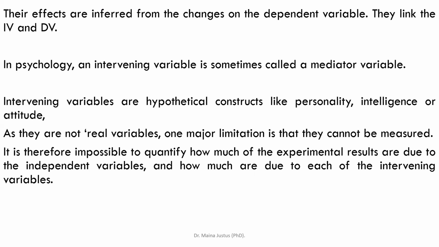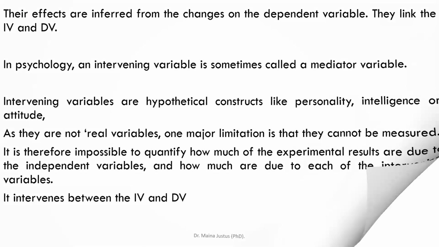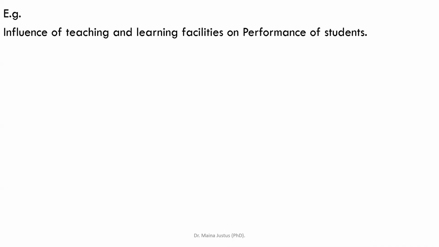But in psychology, which is part of social sciences, this is sometimes called the mediating variable. You see, the one in between is called a mediating variable. We can have an example of this so that we can get it clearly: the influence of teaching and learning facilities on student performance. So student performance is the dependent variable.